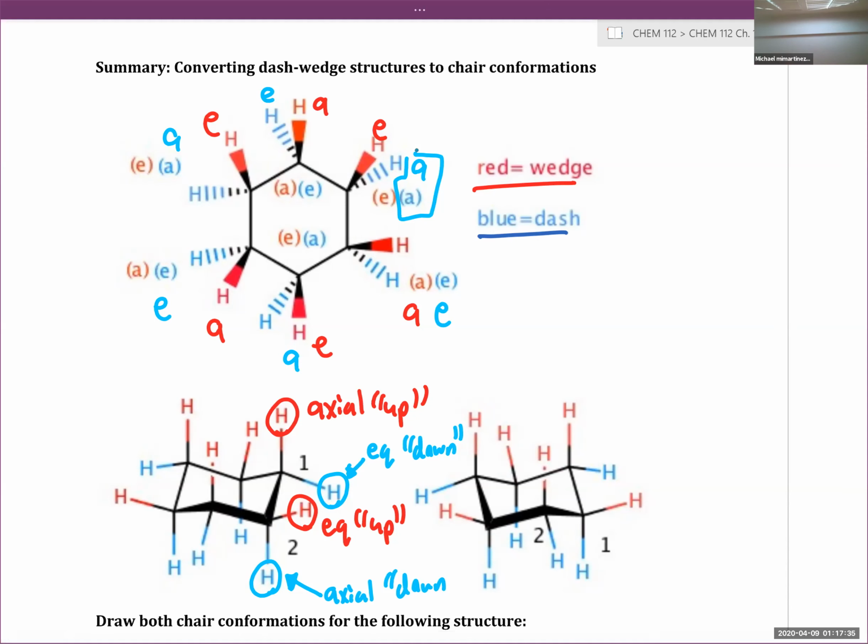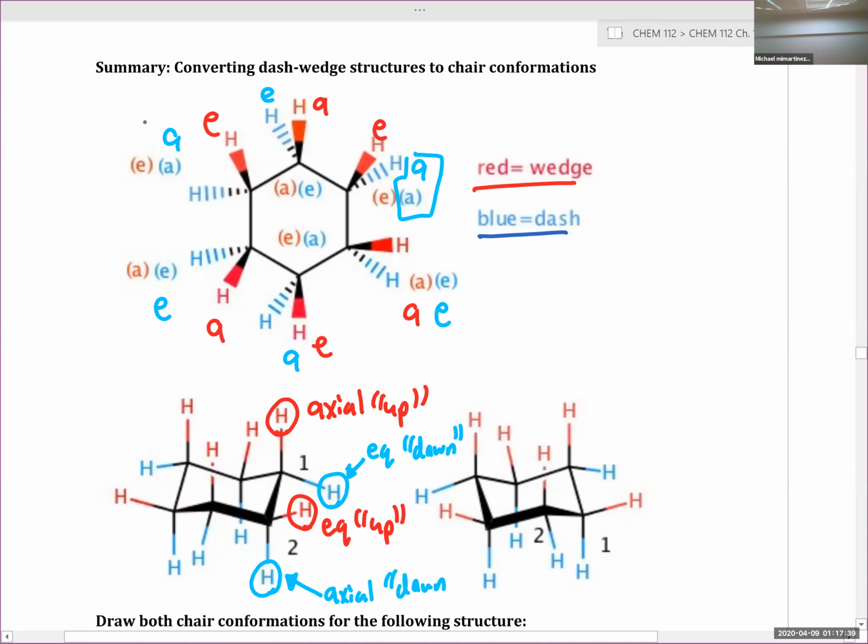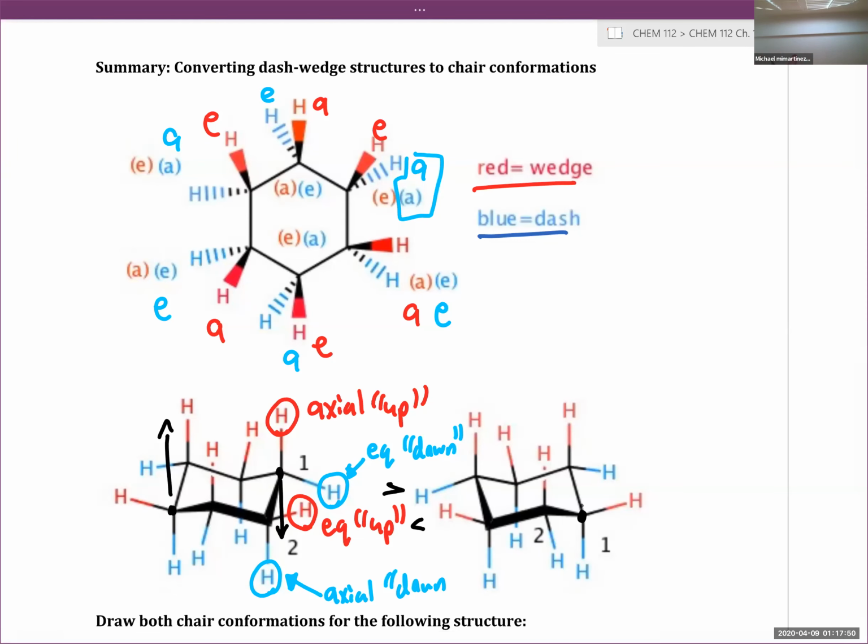Perfect. Now, the only thing that you have to be careful of is during a ring flip. During a ring flip, carbon 1 goes down, carbon 4 goes up. So carbon 1 is now right here, and all of our axial and equatorial substituents are exchanged.